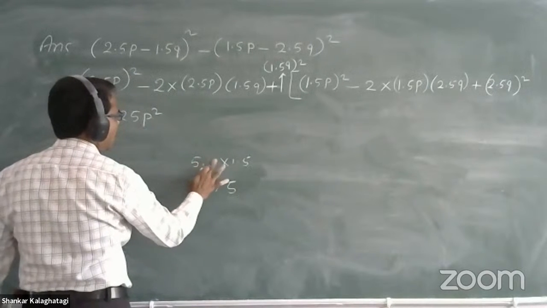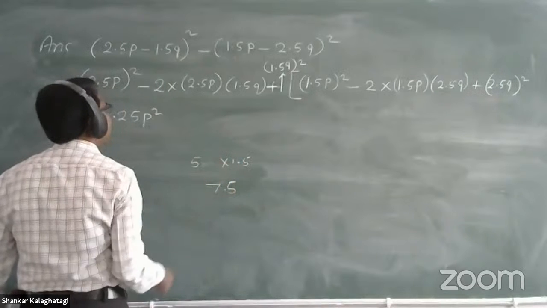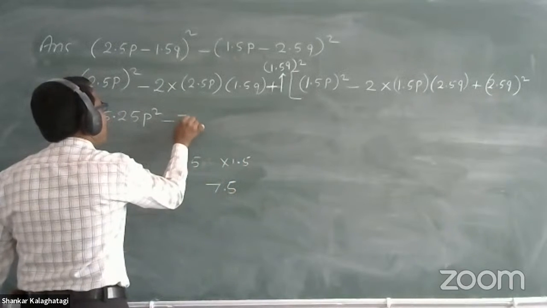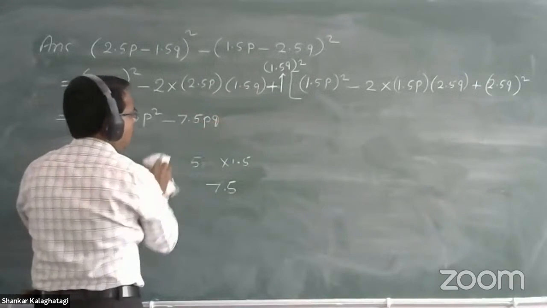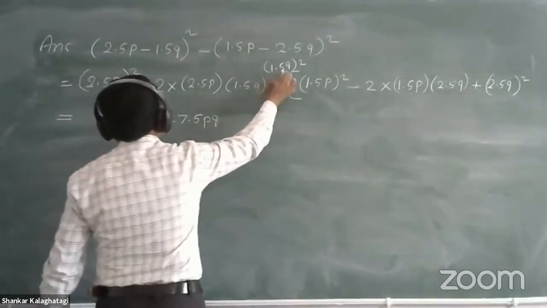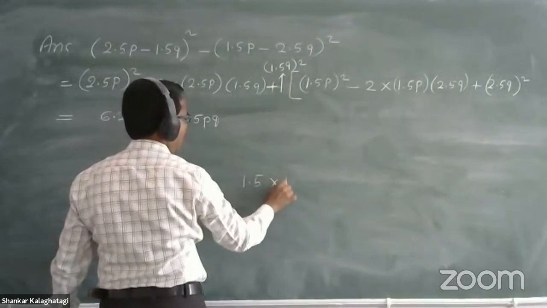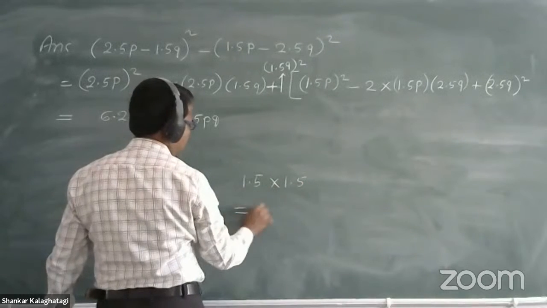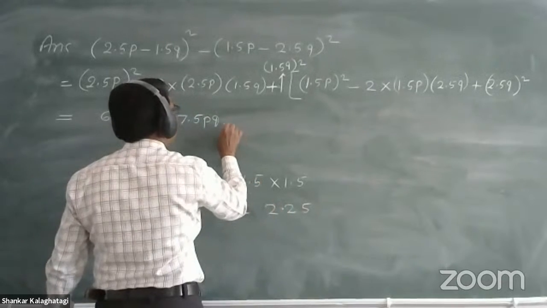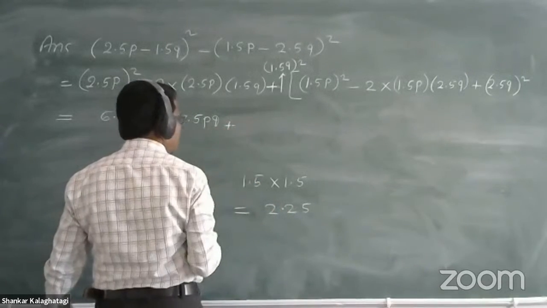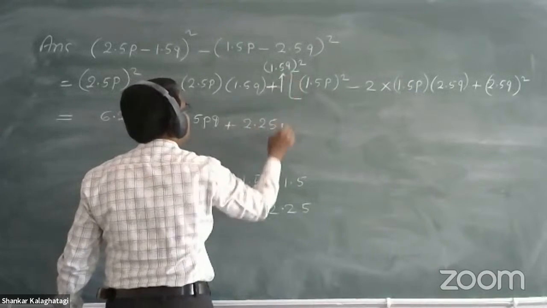So here 5 into 1.5 becomes 7.5, minus 7.5pq, plus (1.5)², 1.5 into 1.5. 15 15s are 225, point will come here, plus 2.25q².